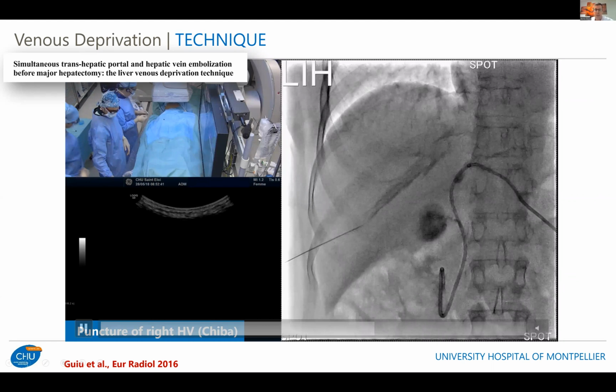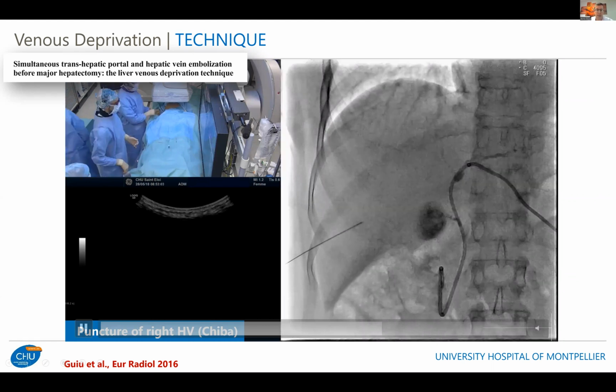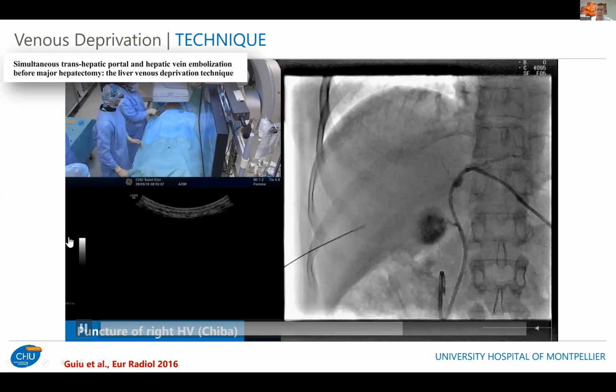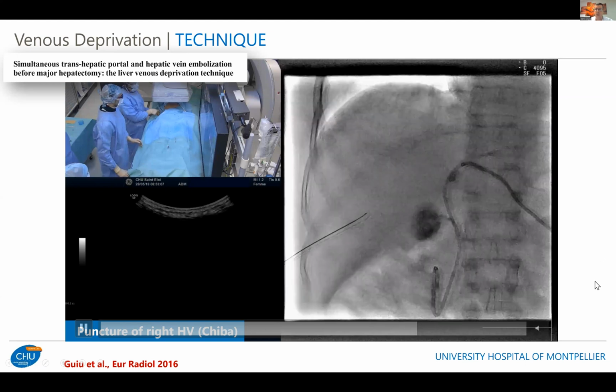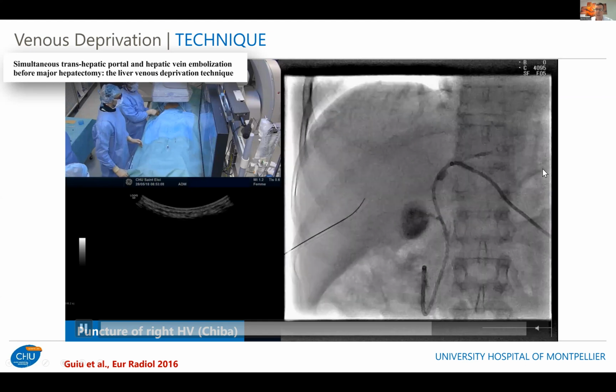And once the plug is deployed, the problem is that we can see very, very quickly these kinds of collaterals developing and enlarging. And they are very well known. There are many, many anatomical works on that, especially in the context of Budd-Chiari syndromes.